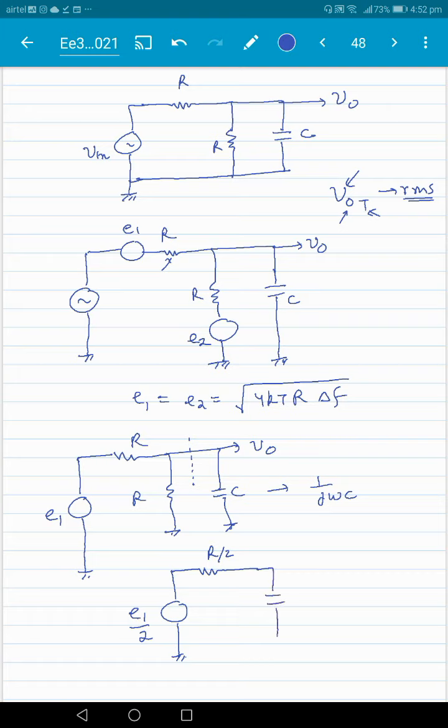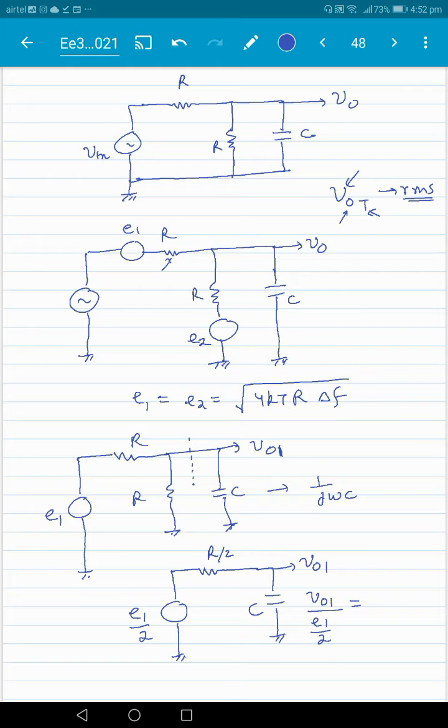And this transforms into C here, right? So let's call this V01 because we are calculating only due to noise source 1. So now it's easy to calculate. We know the transfer function E1 by 2.